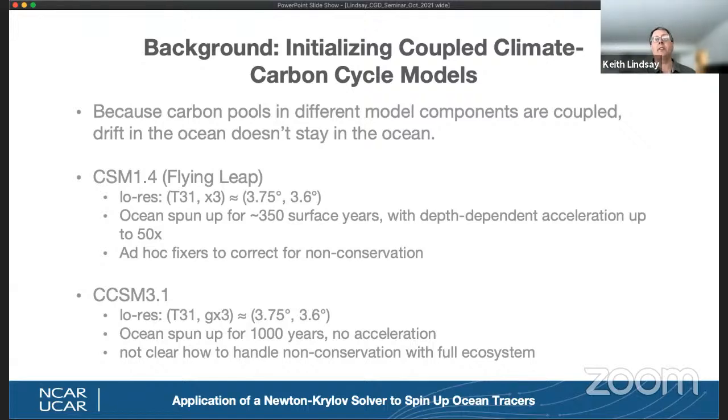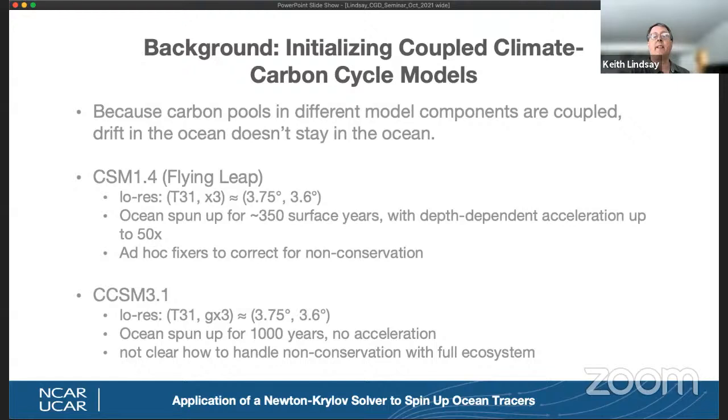And we've dealt with this as we've done this coupled climate carbon cycle modeling in different versions of CSM, CCSM, and now CESM. We've taken different approaches over the years to have a spun up ocean carbon cycle model. And I'm just going to highlight how that has evolved over the years. In our early iterations of this, we ran the BGC at a low resolution compared to what the typical climate resolution was run at.